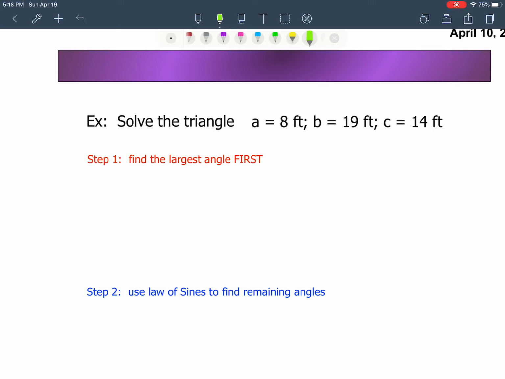So here we've got solve the triangle, and they're giving us three side lengths. Now, it's very important that we try and find the largest angle first.